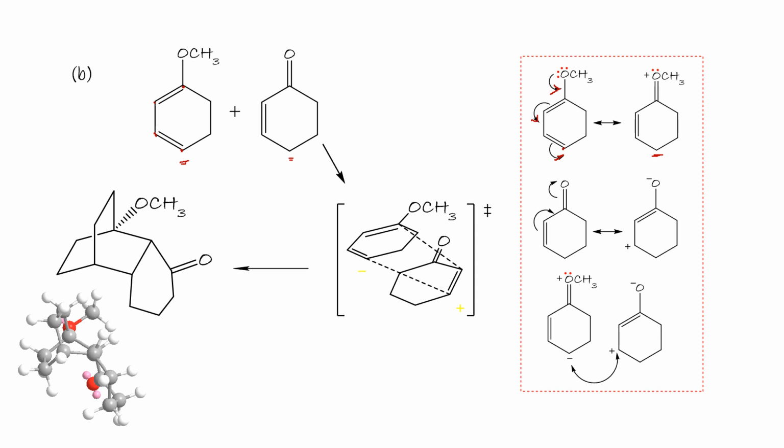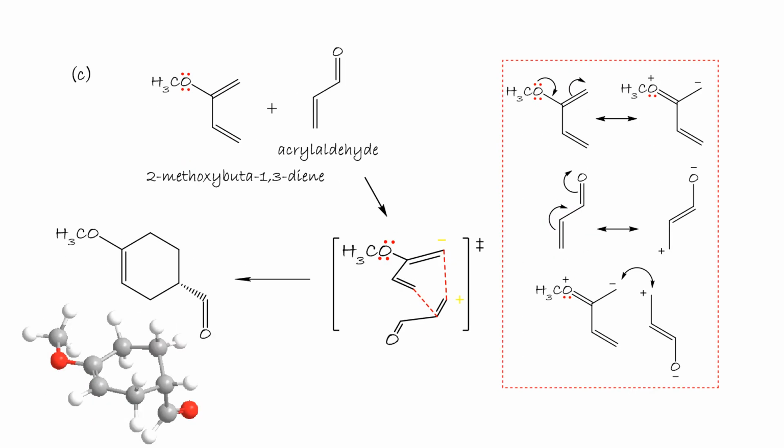The dienophile, the resonance showing that this carbon will be electron deficient. We get this one near this one, and the interaction will take place between this. Here is endo, down, down, and here is outside, will be down. And this is the structure of the product.